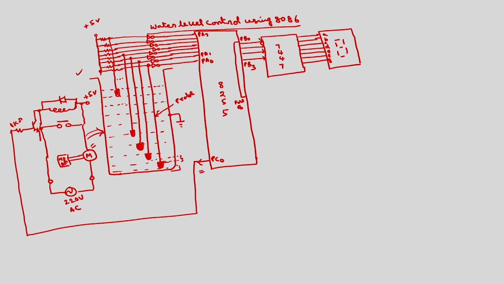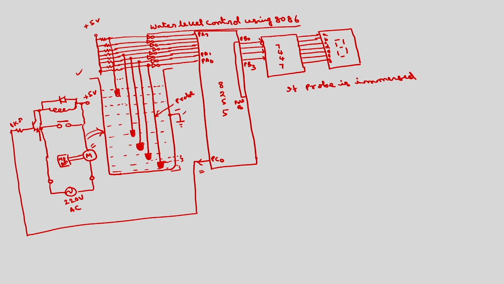If a probe is inserted into the water, what will be the voltage level? There will be a connection from this water to the tank, which is connected at ground.